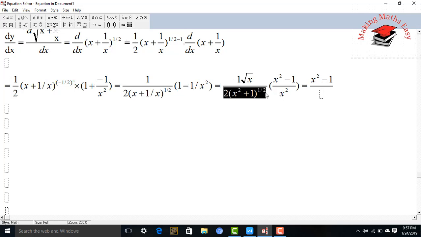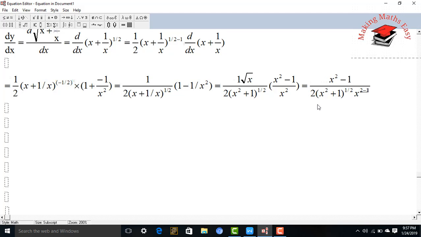So it will be this, and cancelling this, square root of x upon x raised to 2, I will get as the power x raised to 2 minus half.